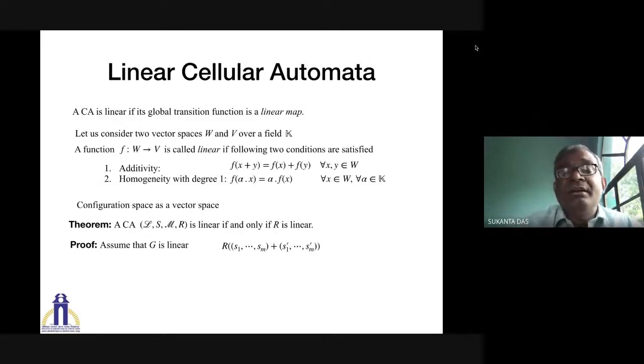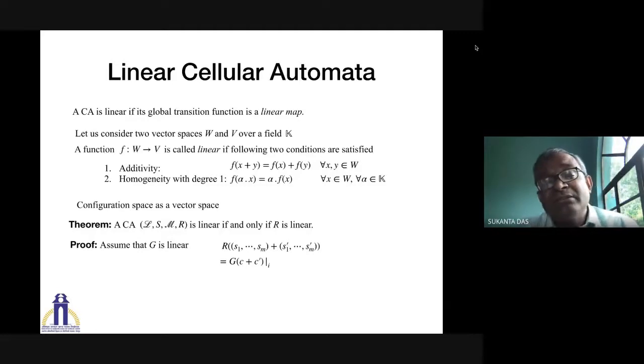Right? Now, considering this, I want to perform this operation: R of S1 to Sm plus S1 dash to Sm dash. From this I can write this step.